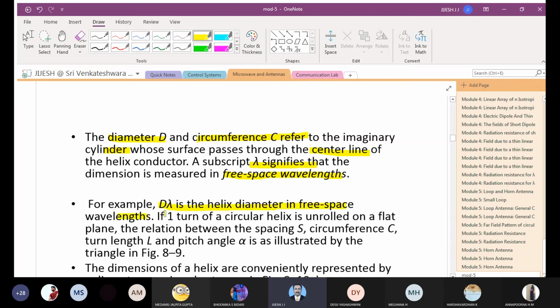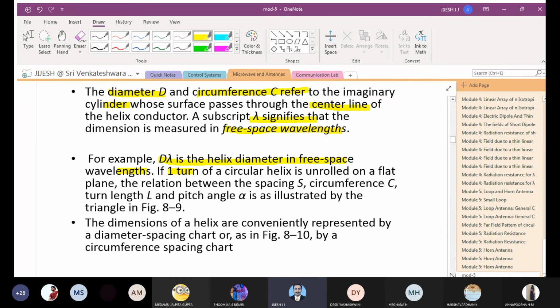You can say that there are N number of turns, but if I take one turn of the circular helix and unroll it on a flat plane, that means you are just taking one turn, unrolling it and keeping it on the flat plane.